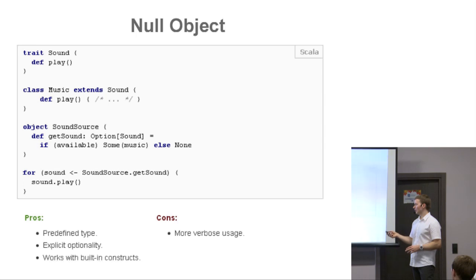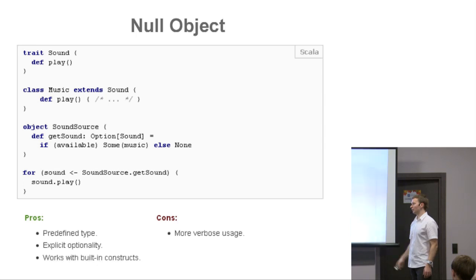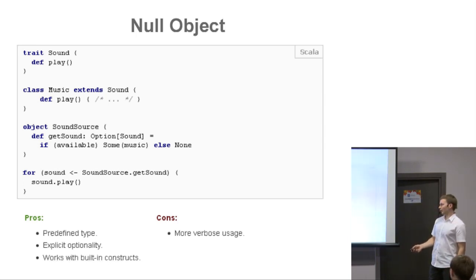So the implementation is just the same, and the difference is that we have to resort to some more complicated usage, because we cannot call methods on options directly. And as you can see, options are tightly integrated with Scala syntax, so we can use a for statement to process our sound.